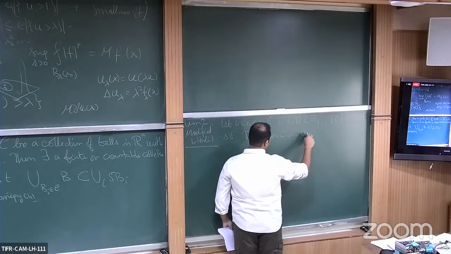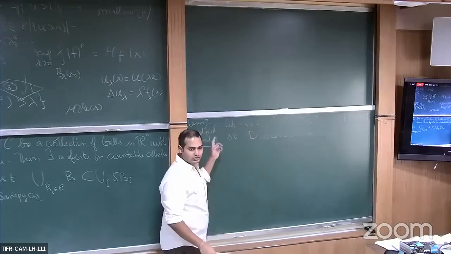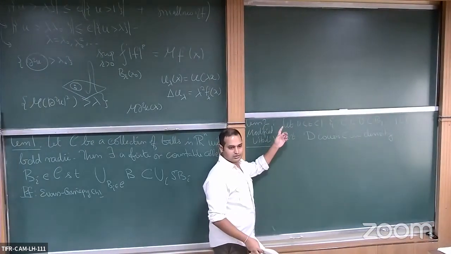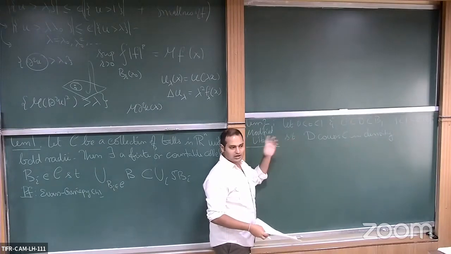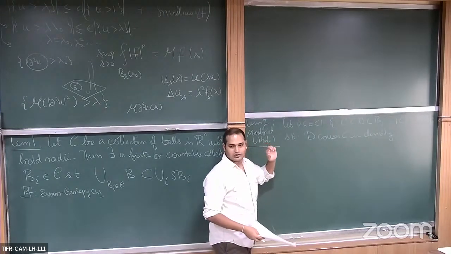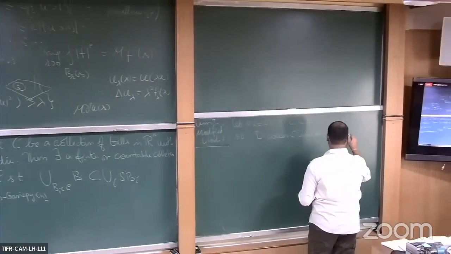This is what you saw yesterday in Arvind's lecture. So I'm going to use the Vitali version. You can also do it using the Calderon-Zygmund version. And the difference is, since I'm going to work with balls, Vitali is for balls, Calderon-Zygmund is for cubes. Okay. So that covers C in density, which means what?